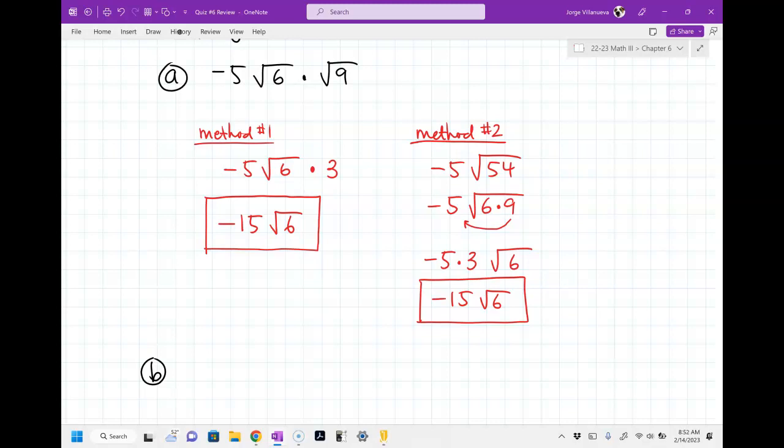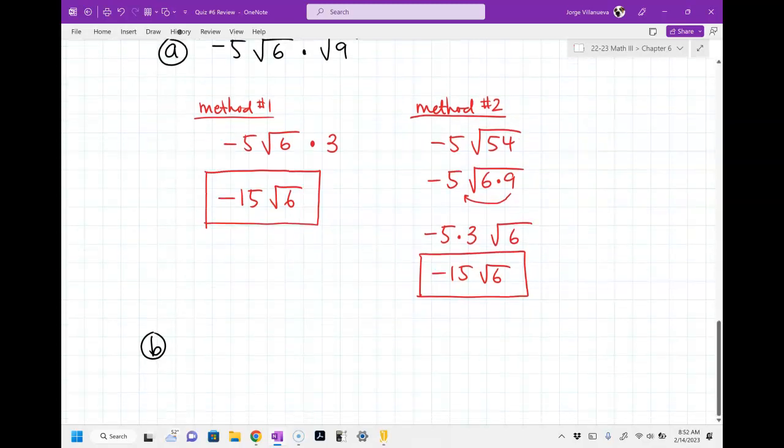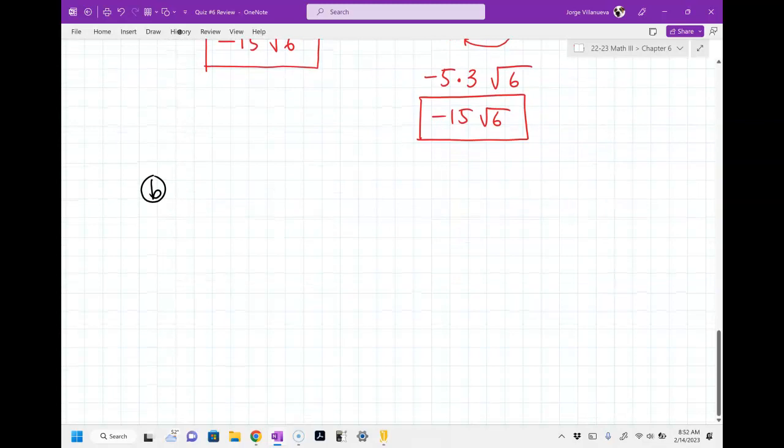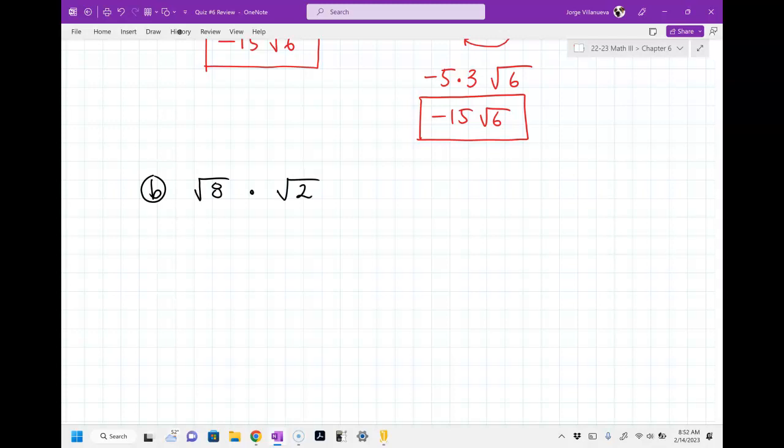So how do I know? Just experience. If I do it enough times, I tend to notice certain things. So here we go. Here's part B. Another easy problem, as they say. And then right after this we'll move on to something a little bit more difficult.